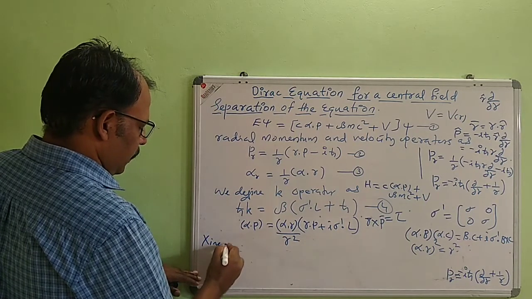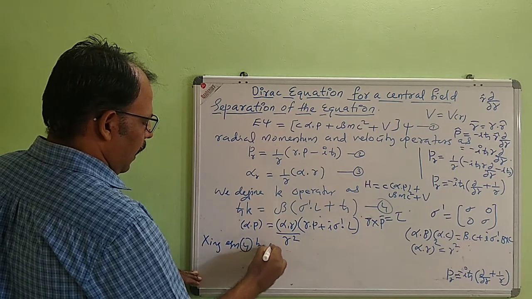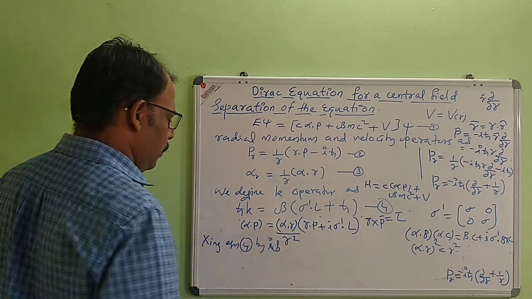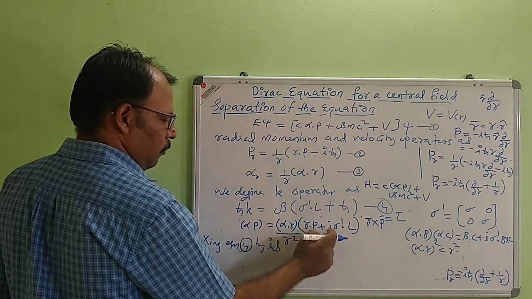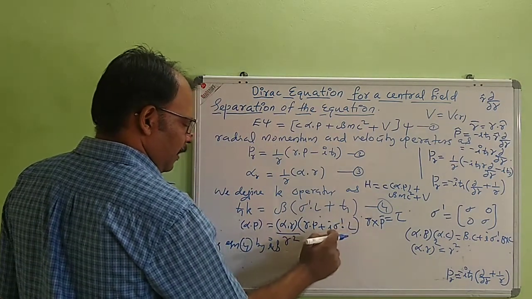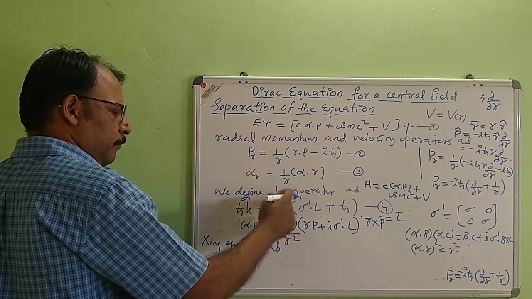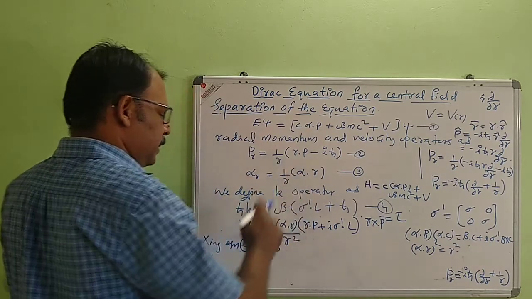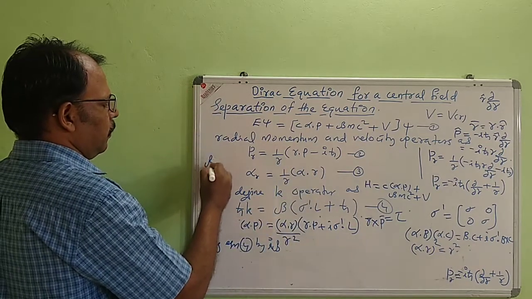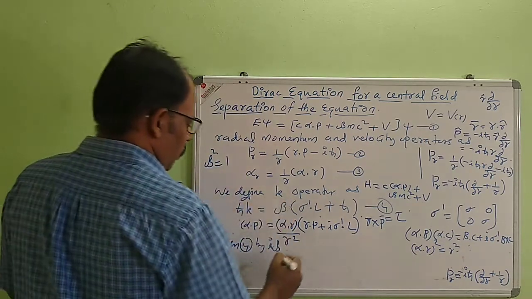I am multiplying equation 4 by I beta. Since the term sigma prime dot L needs I, I am multiplying with I, and we have to eliminate beta from here. When I multiply with beta, this term becomes beta squared, and we know beta squared equals 1.